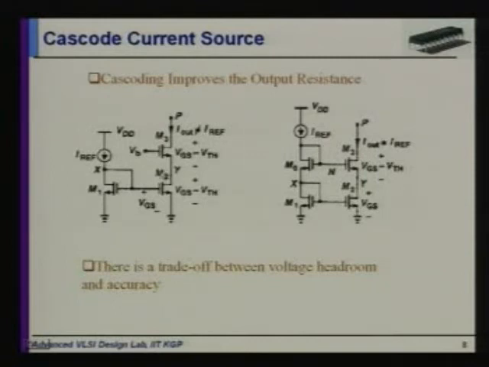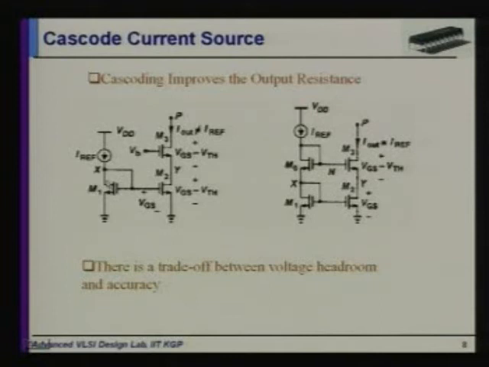For that case, we can say that the lambda VDS term, which is the main culprit for the accuracy factor, can be mitigated. But what is the problem with this? The problem is with the VB. How can we define VB so that M3, M2 and M1 can all be in the saturation region?